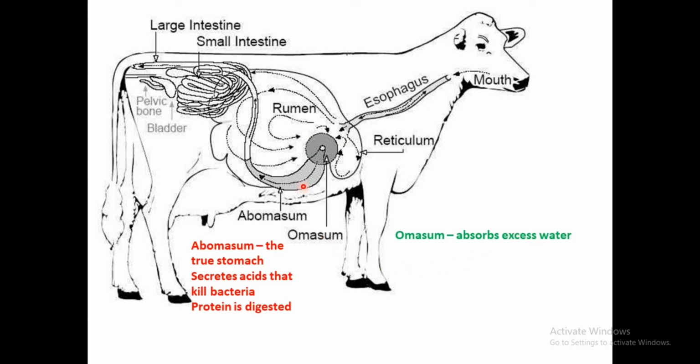From the omasum, this is the abomasum. Here are the secretions of acids. Abomasum is otherwise called the true stomach because acids are present here which kill the bacteria, and protein is also digested in the abomasum.